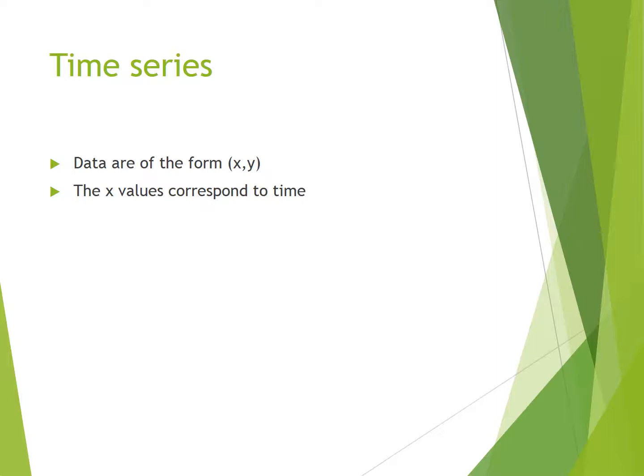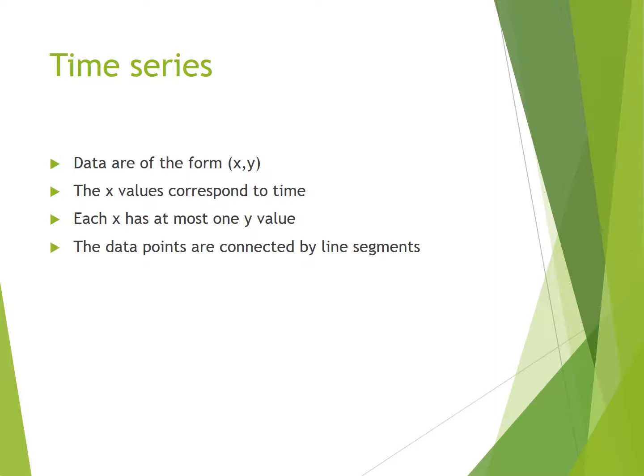Let's say it's 102.3. Then the next x value would be 9 o'clock, so it'd be 9. And let's say their temperature has now gone up a little bit, it's 102.7, and so forth. So each x has at most one y value, and you can see the trend in time. The data values are then connected by line segments, and you get an idea of what the trend is over time.